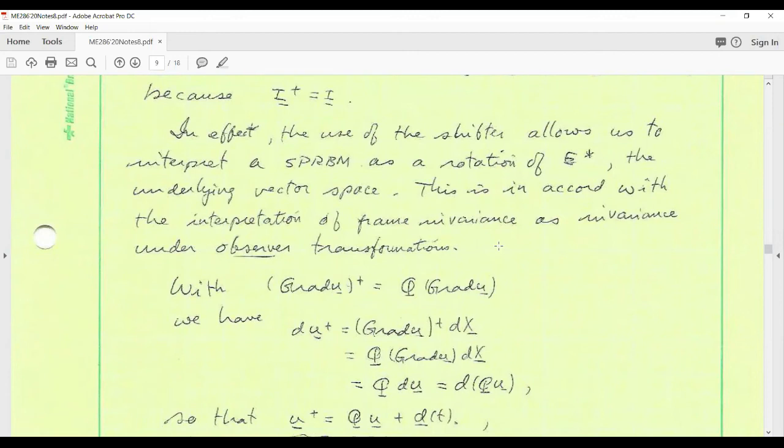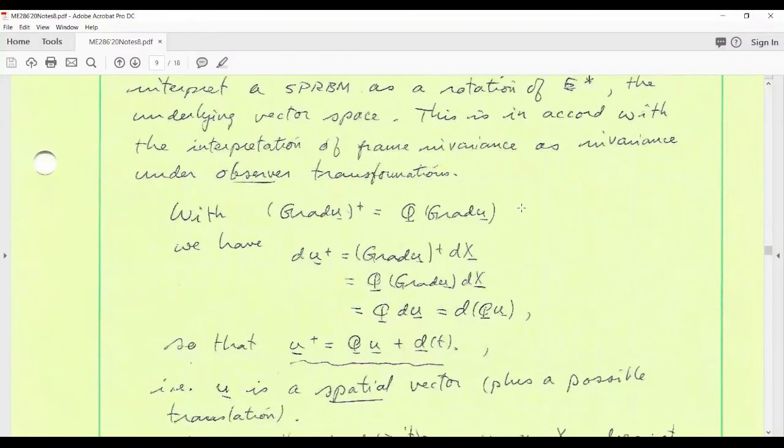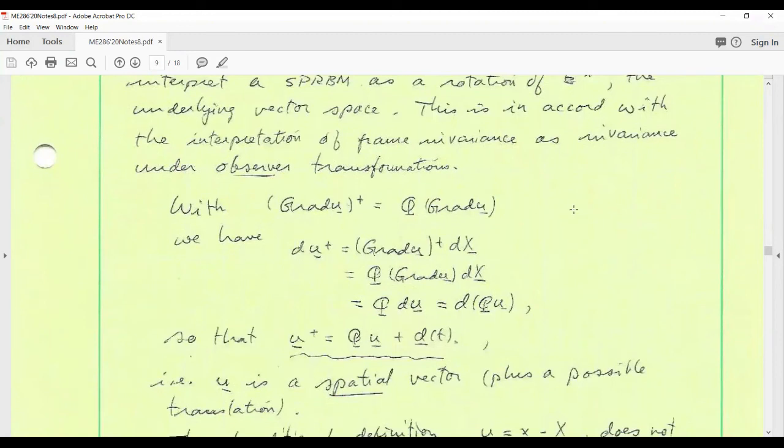When you change your orientation relative to the body, your vector space is being rotated relative to the body. So that's more in keeping with the notion of frame invariance as invariance under observer transformations, which I think is the more fundamental way of viewing frame invariance.